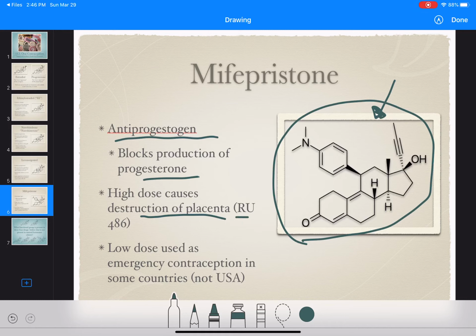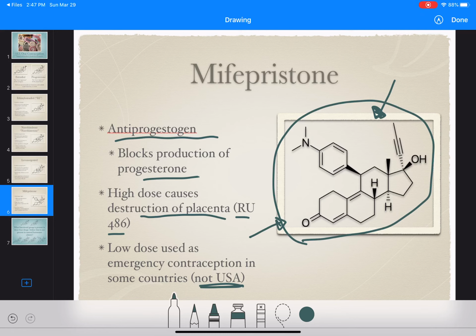The RU486 drug, which is a pill abortion drug, a chemical abortion drug, does contain mifepristone, and it works as an abortion drug by destroying the placenta during pregnancy, and if the placenta is destroyed, the pregnancy will be terminated. In some countries, not in the United States, emergency contraception is, in fact, a low dose of mifepristone, which is going to work as well.